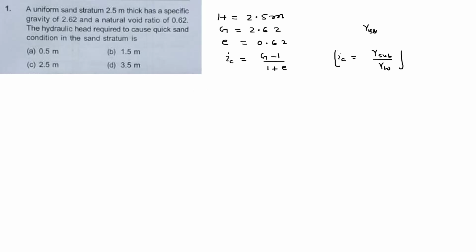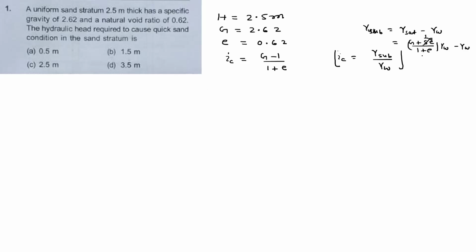Gamma submerged is equal to gamma sat minus gamma w, and gamma sat is (G plus Se) divided by (1 plus e) into gamma w. In the saturated case, S is equal to 1.